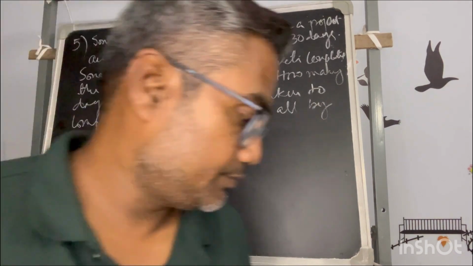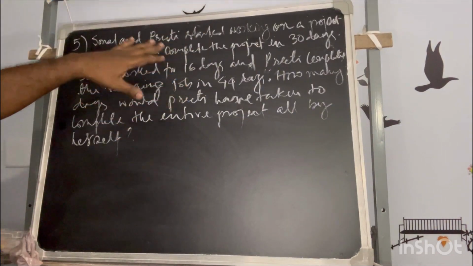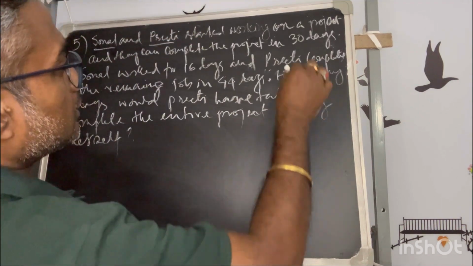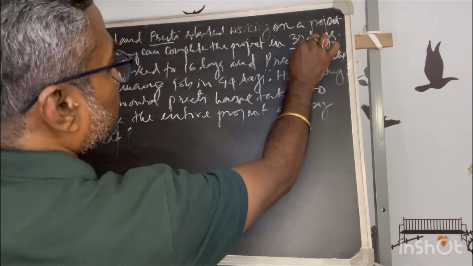Okay, so now this is a work problem. There are two characters, Sonal and Preeti, who started working on a project and they can complete the project in 30 days.